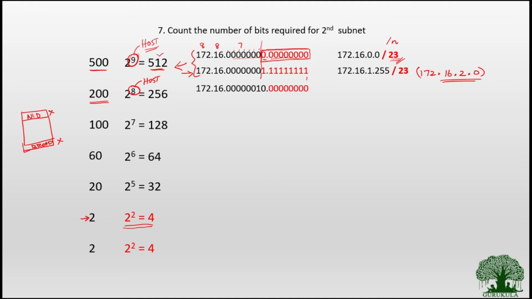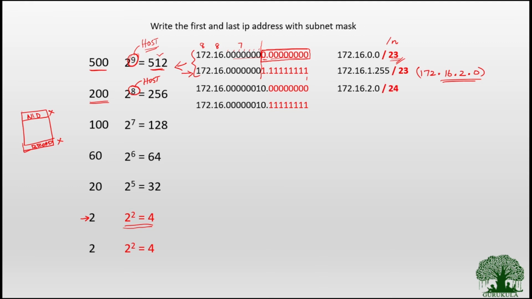So I will highlight only the 8 bits. I will keep the network part, the black color part, constant, and the red color part has to be varied up to the last number, which means all ones. So my IP address block will vary from all zeros to all ones. You can observe that the red color is varying from all zeros to all 1.